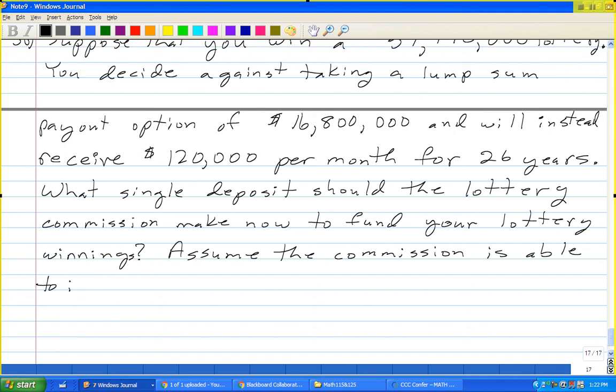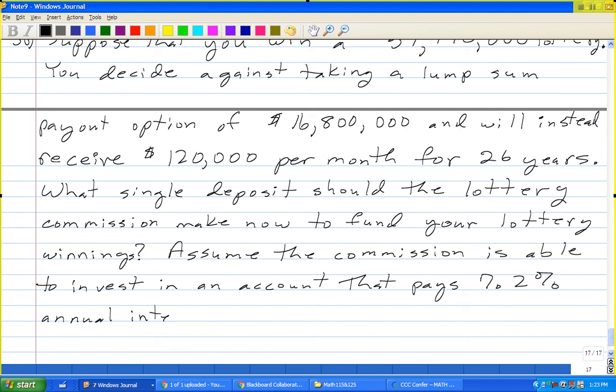I think I looked this up for what the California Lottery Commission gets: an account that pays 7.2% annual interest compounded monthly.